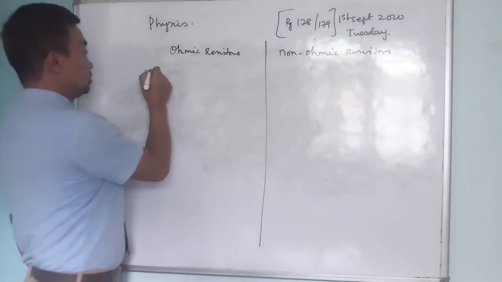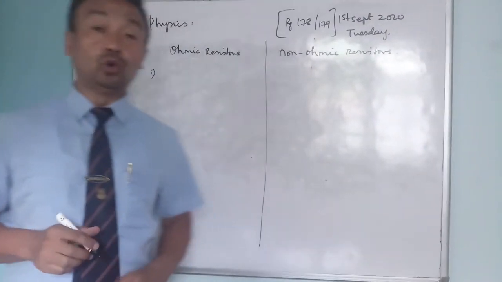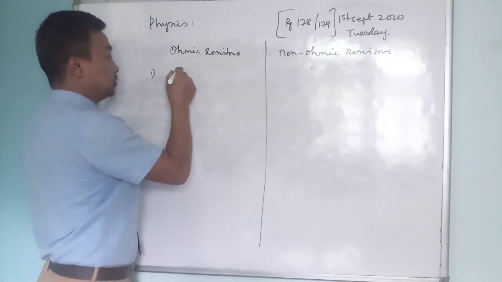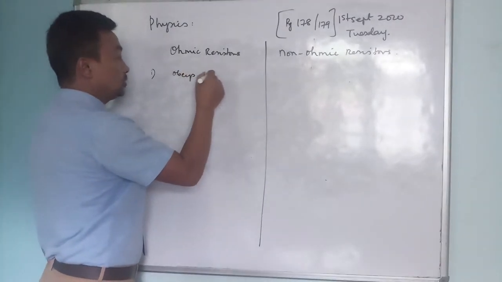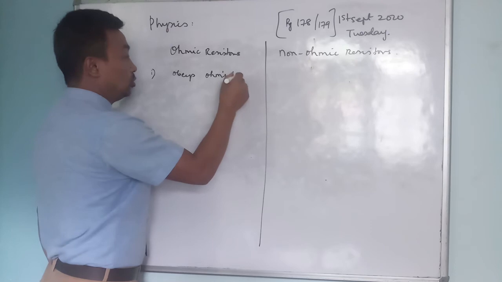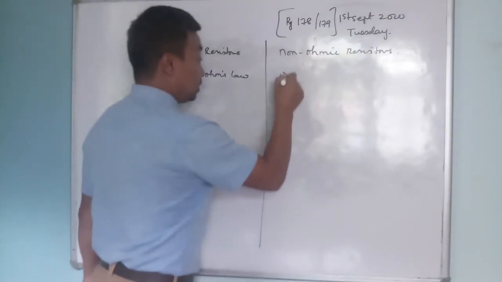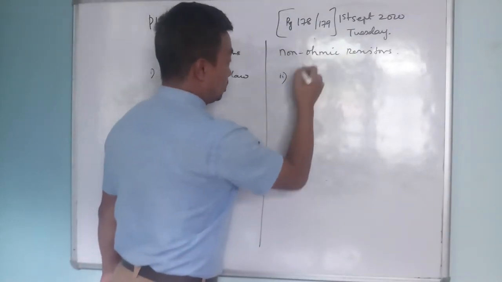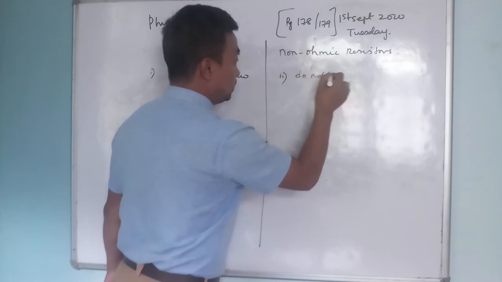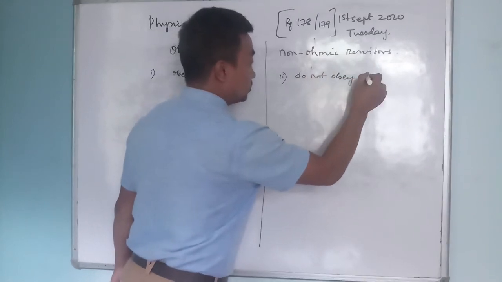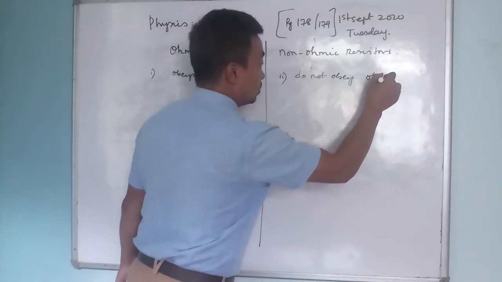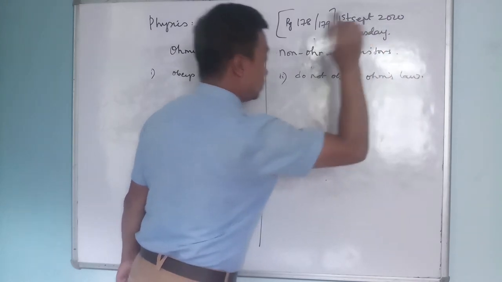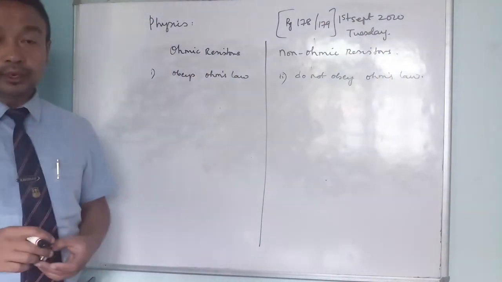Ohmic resistors, the key point here is that they obey Ohm's law. Very easy. Non-ohmic resistors, obviously, do not obey Ohm's law.